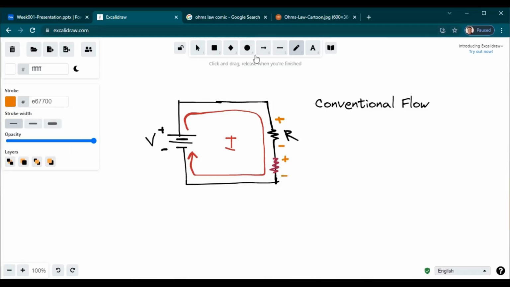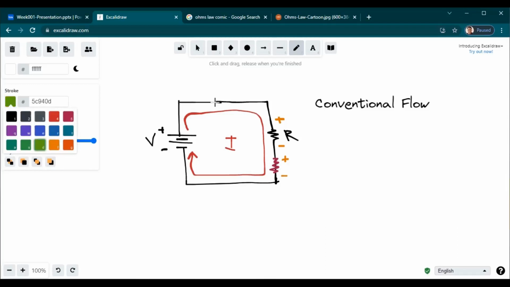If we add other components, for example, we add an inductor.